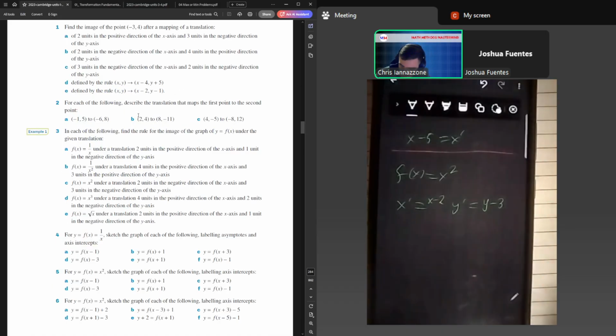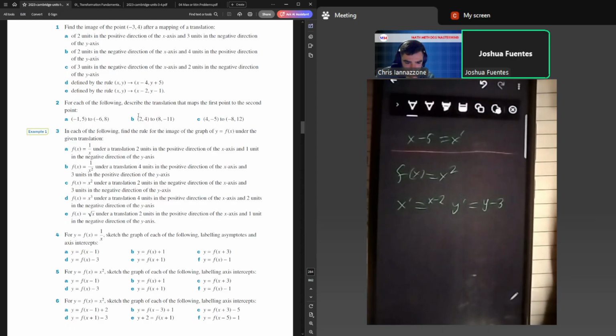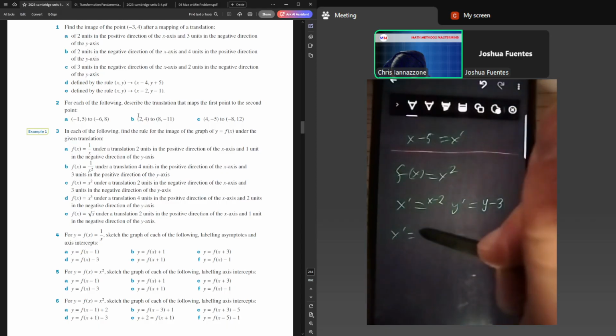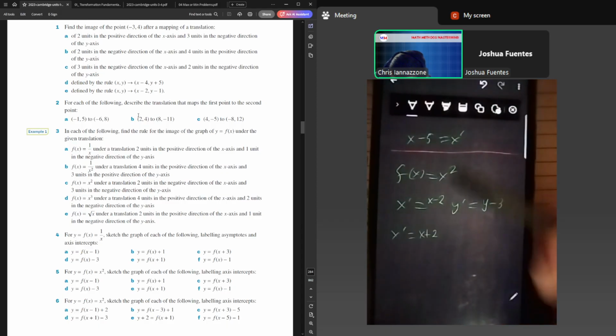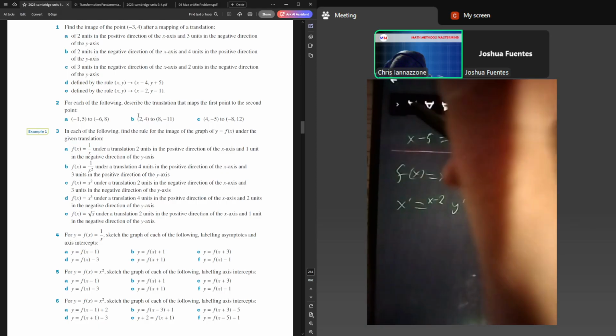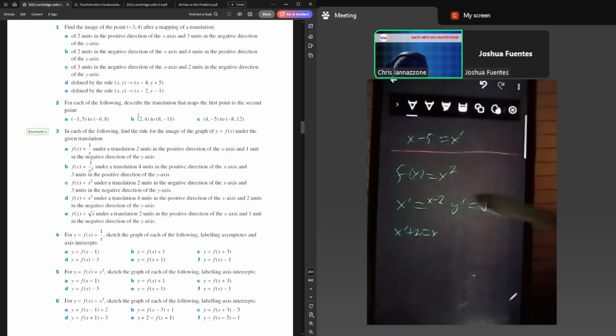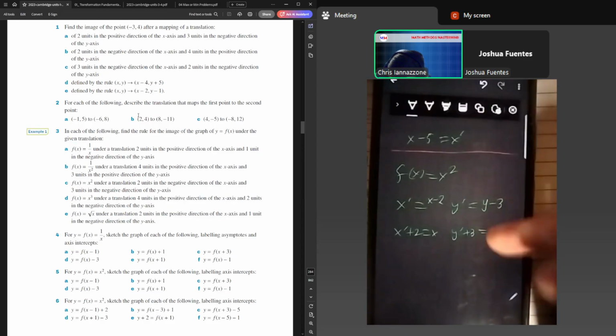So if you want to get x and y on their own, what does that look like? Oh, you have to move it. Yeah, okay. There you go. X dash plus 2 equals x, and then y dash plus 3 equals y.